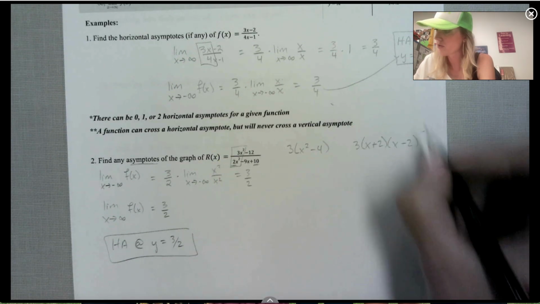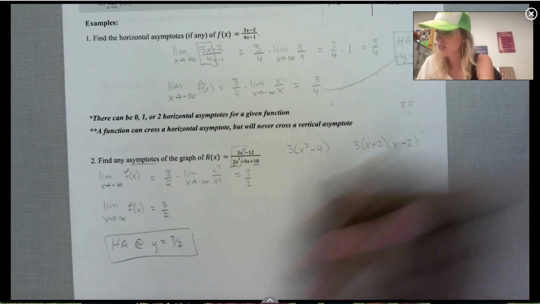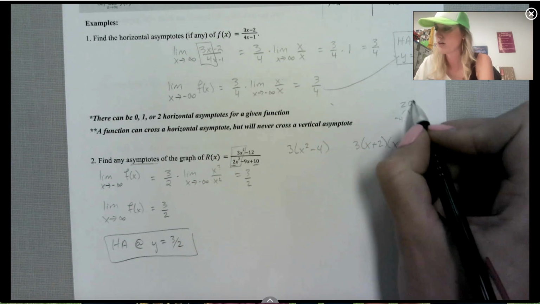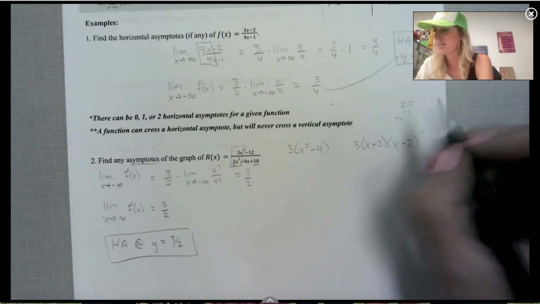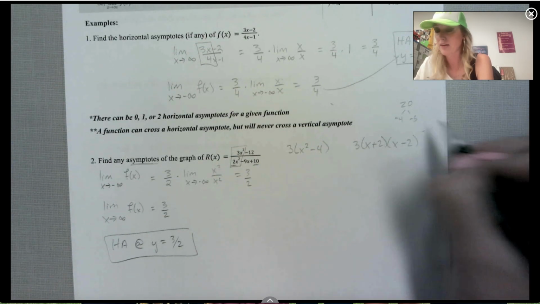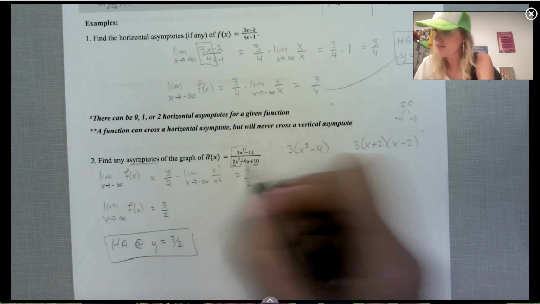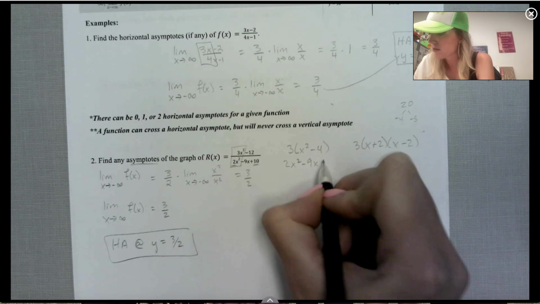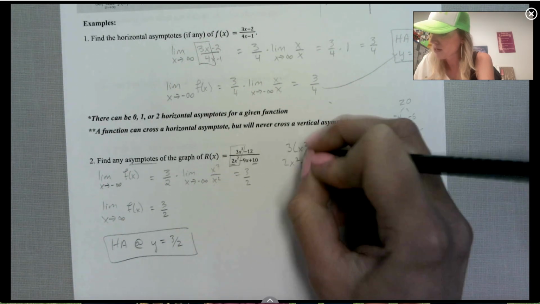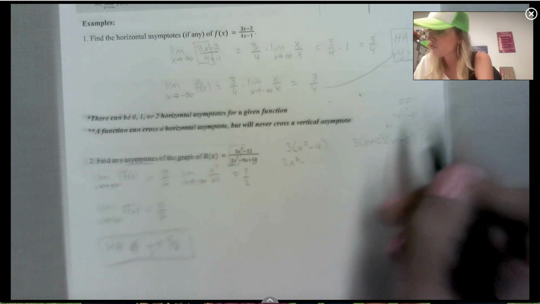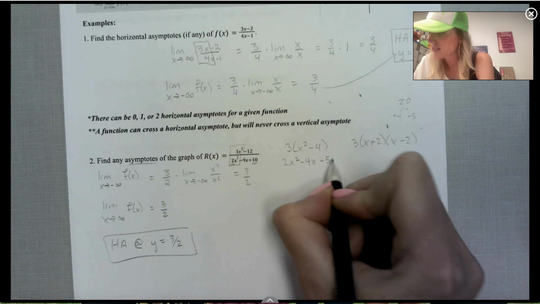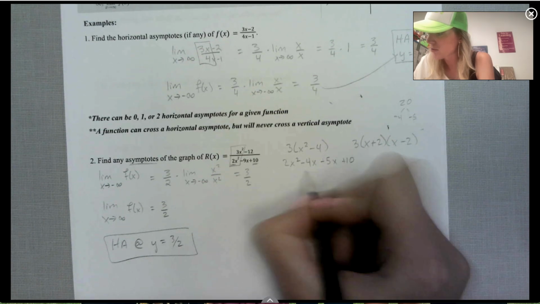I want to look for numbers that multiply to be positive 20 and add to be negative 9. Those numbers should be negative 4 and negative 5. So I'm breaking negative 9x into negative 4x and negative 5x, and then I'm going to factor by grouping.